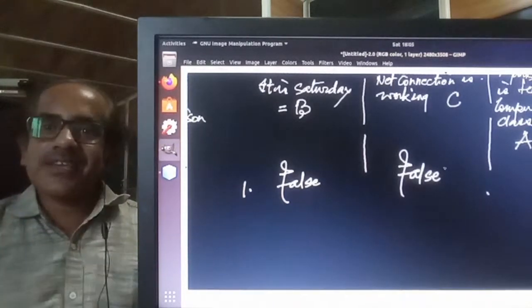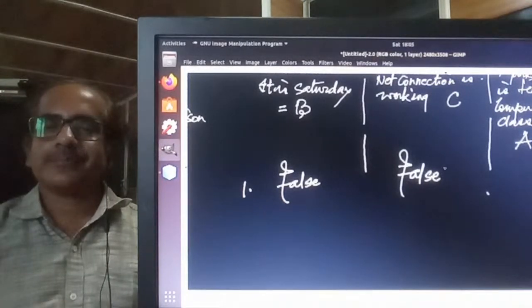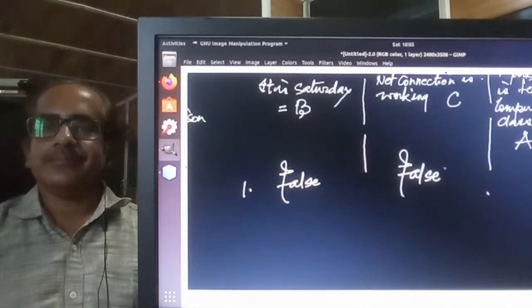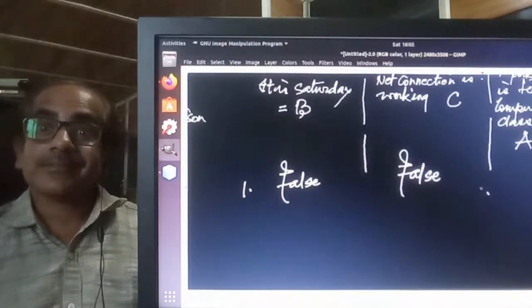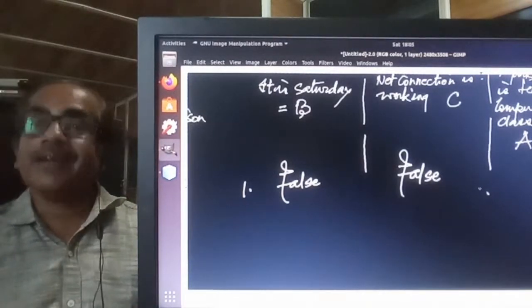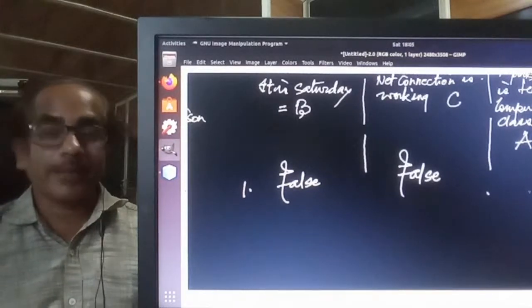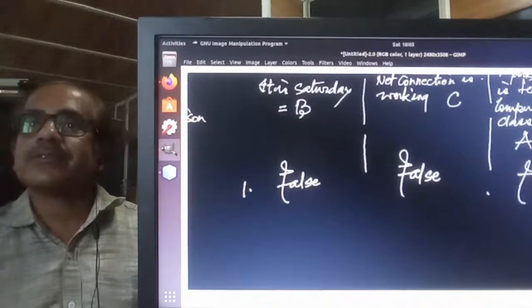C is false means net connection is not working. So what about A? अगर शनिचर नहीं है और नेट कनेक्शन भी काम नहीं कर रहा है तो क्या मनीष मिश्रा क्लास 8 में जावा पढ़ाएंगे? Certainly not. This is false.